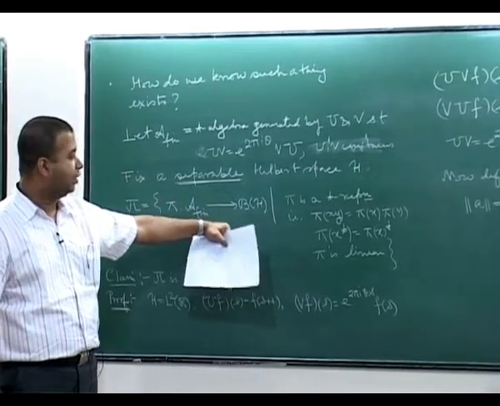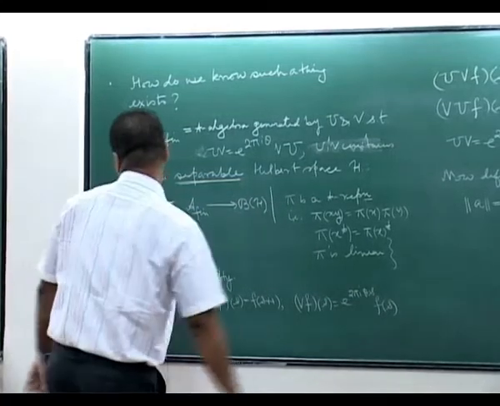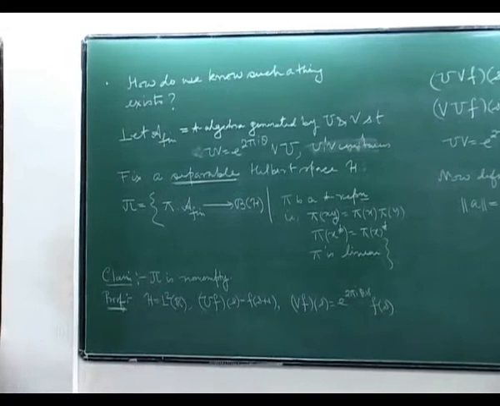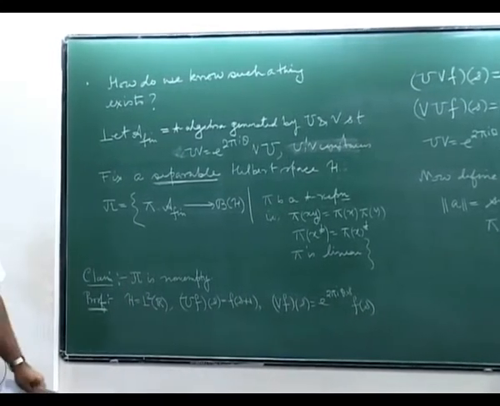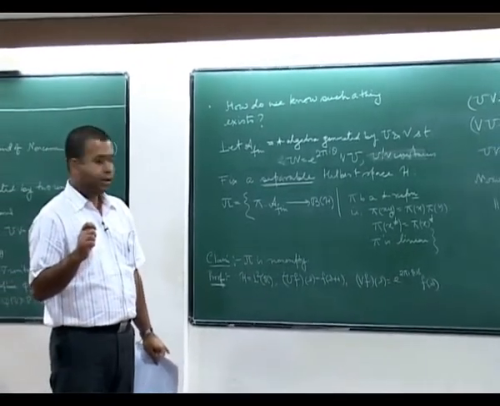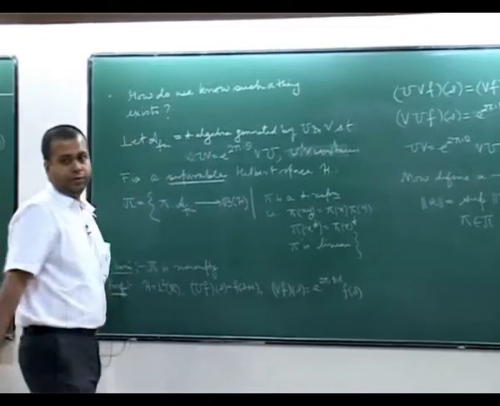But one has to fix one. I cannot vary these spaces. You are not assuming that U and V sit in different Hilbert spaces. You have to fix it, put L2 of R, but you have to fix it there. It is fixed.